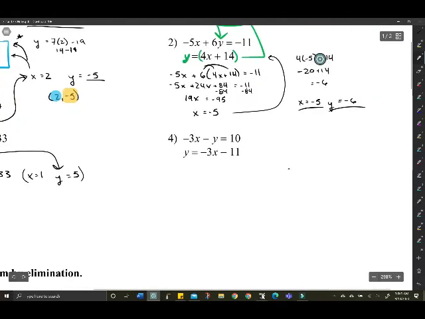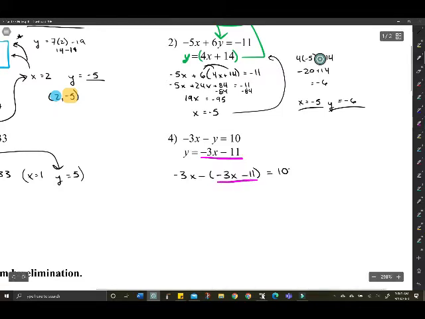Okay, number 4, if you want to try it on your own, you can pause and go for it. But I will certainly work through it now. Negative 3x minus 11. A little funky looking here, so it could be helpful to label everything as to what you're plugging in.